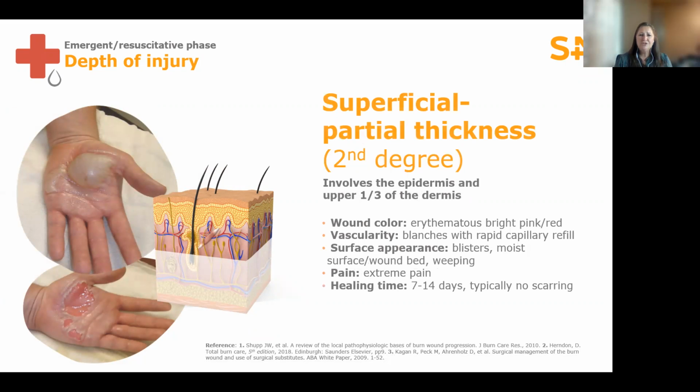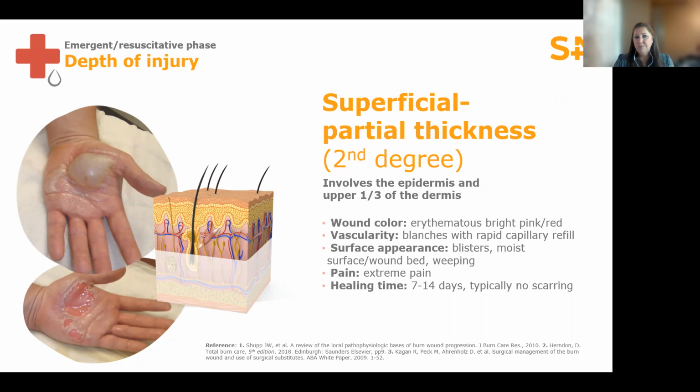Moving on to the second degree. There are two that fall into the second degree. Superficial partial thickness is the first. This involves the epidermis and the upper 1/3 of the dermis. This will also have a pink red tone. It might be a brighter tone of pink or red. It still blanches with a nice rapid capillary refill, but there might be blisters, and these blisters may or may not be intact.